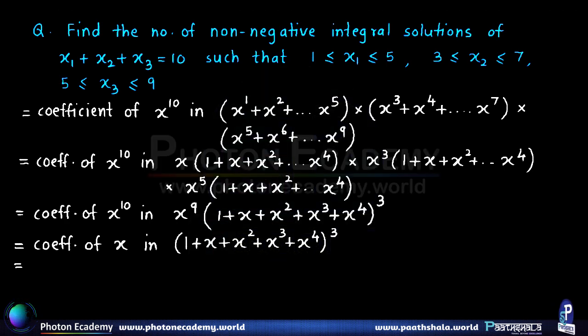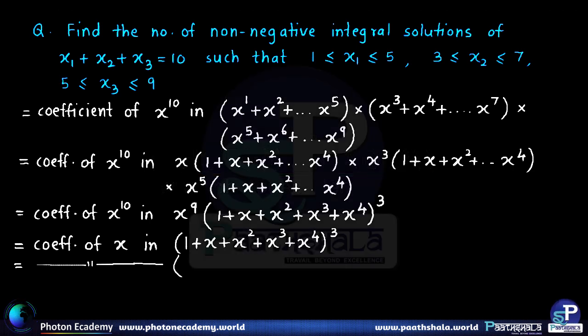So generalizing, we can write that as coefficient of x in. Now as we have seen, we just want the coefficient of x, so the higher powers will never contribute to the product which results in x. So we may consider an infinite series as seen earlier.